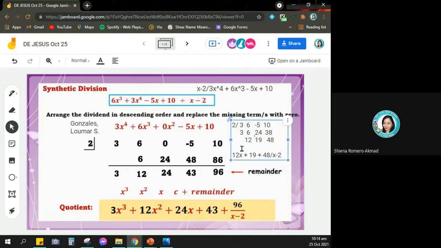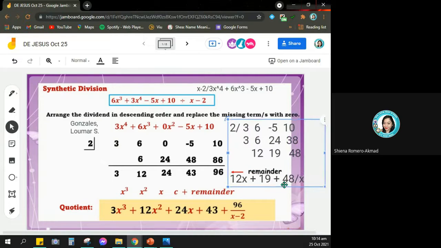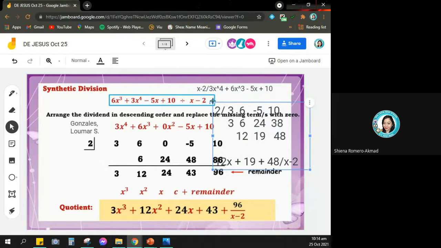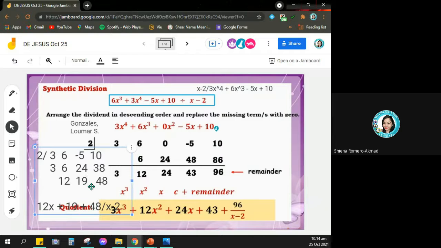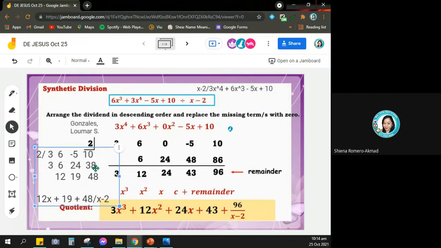Siguro si 3 dapat dito siya sa baba, no? Katapat ni 12. So, we have 3, 6, 0, -5, 10. Ito yung sinasabi ko sa inyo na kapag nagsasagot kayo, makikita nyo kung meron kayong mali o wala. Okay? So, sa tingin mo, Lumar, alin dito yung part na may mali ka?